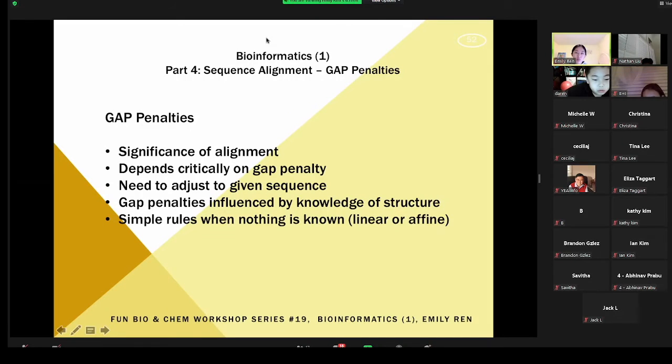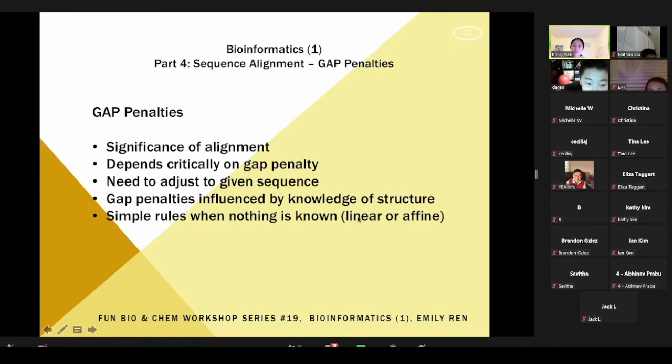So if you guys remember what a gap is, that's basically like A to a blank here. So that would be called a gap. And the rules for gap penalties are influenced by knowledge of the structure, and simple rules are used when nothing is known. And there are two types of gap penalties: linear or affine gap penalties.